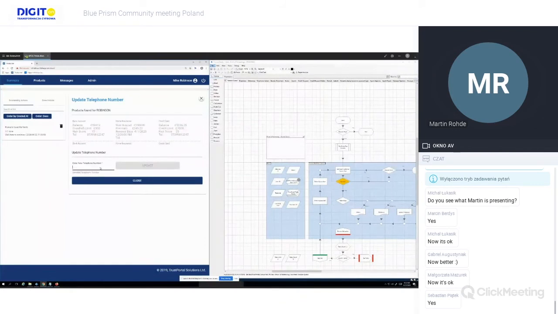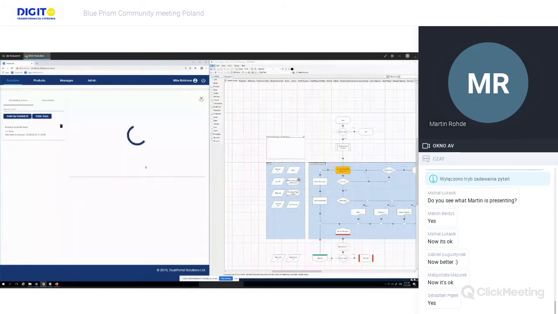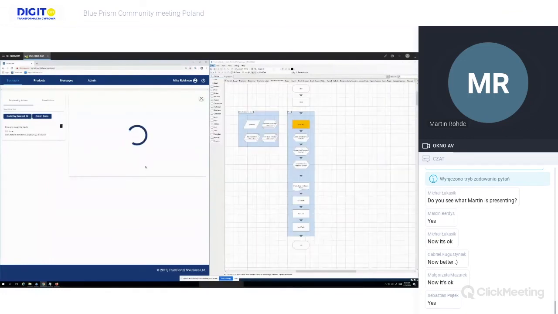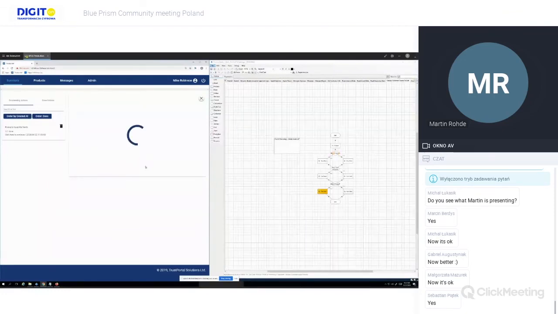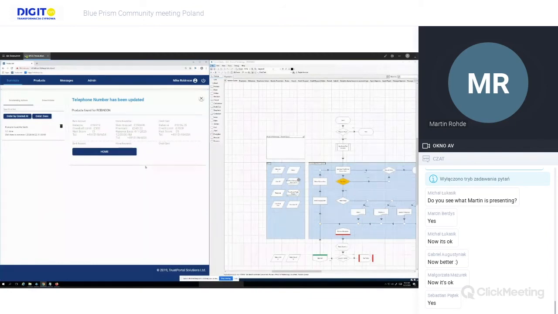In this case, we type in the new number, it doesn't matter. And now if I say send update, we will provide this update to every system, in this case to every Excel spreadsheet, but as I mentioned, this could be every backend system that we're working with.